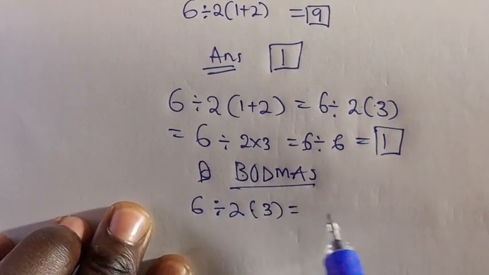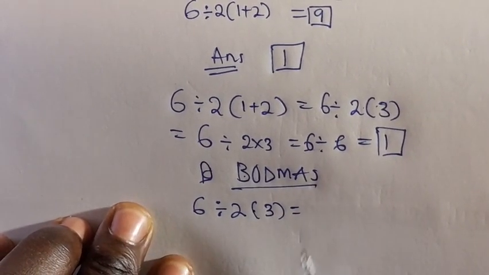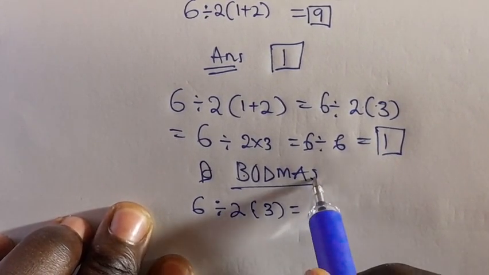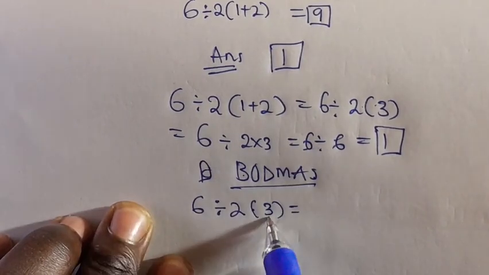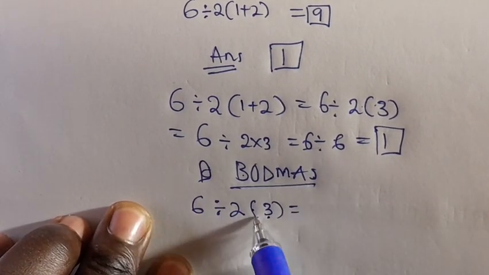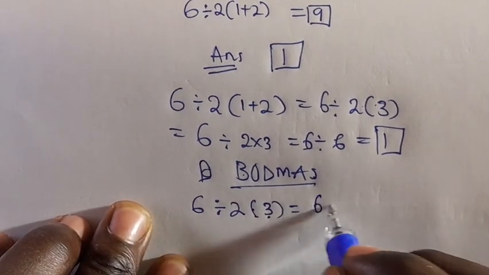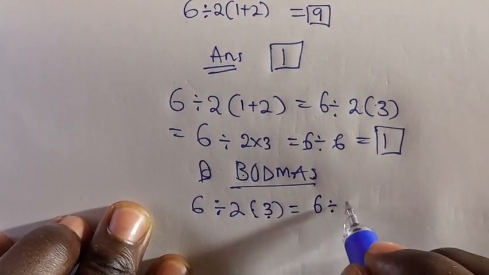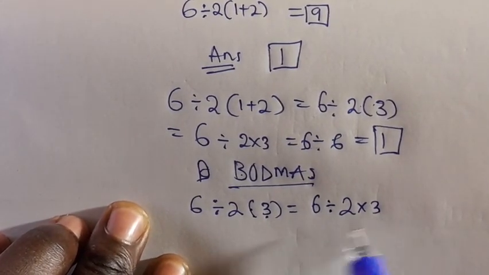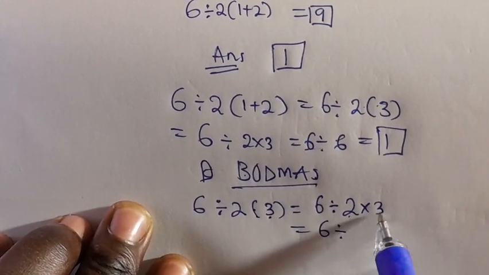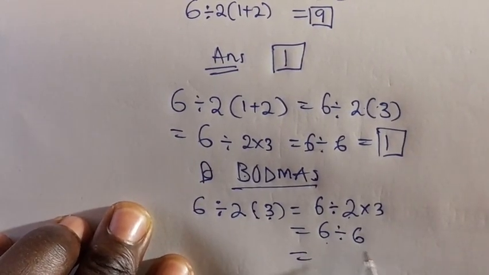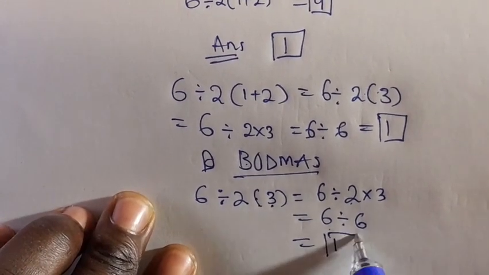Now, in the case of BODMAS, this is how to go along with it. You have subtraction, you have addition, we have done with it. Then the next thing is multiplication. Then we are going to open this one. It will be 6 divided by 2 multiplied by 3, which equals 6. And 6 divided by 6 will give us 1.